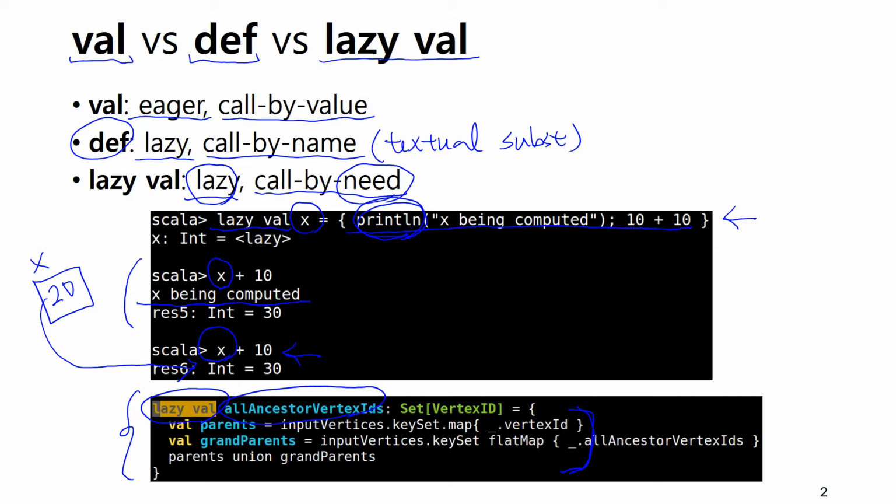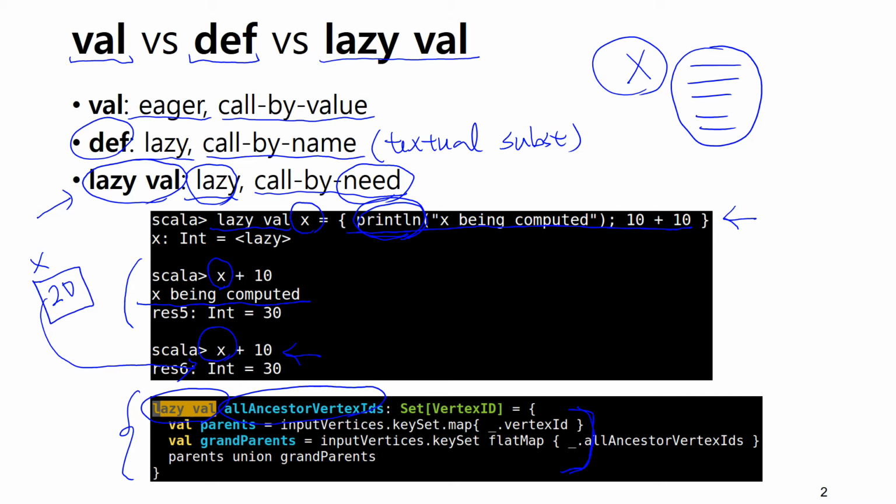So if a variable x takes a while to initialize, and also if this variable x may not be used at all, you can choose to use lazy val. But there's also a downside in lazy val. In the actual implementation of lazy val, there's a lot of overhead, and we will come back to this issue later.